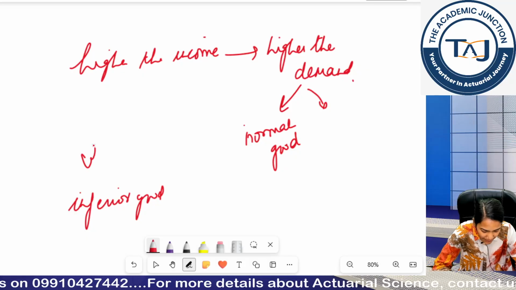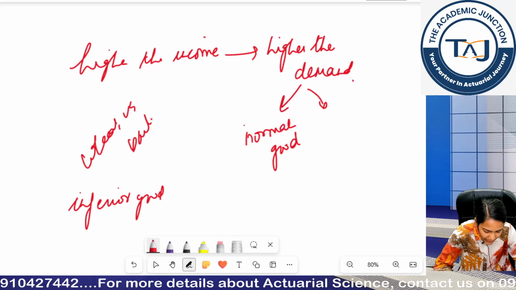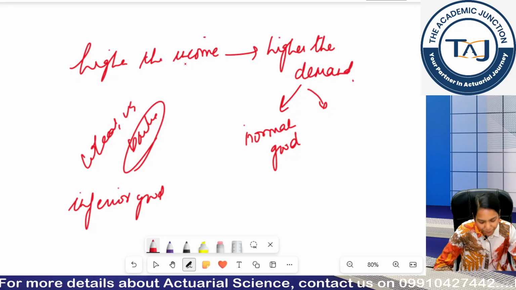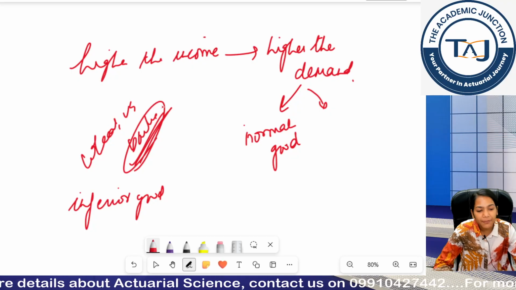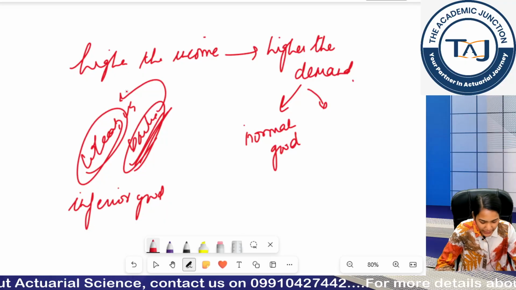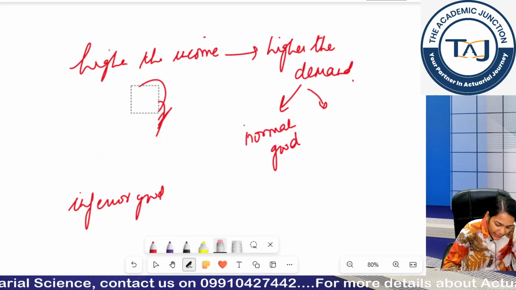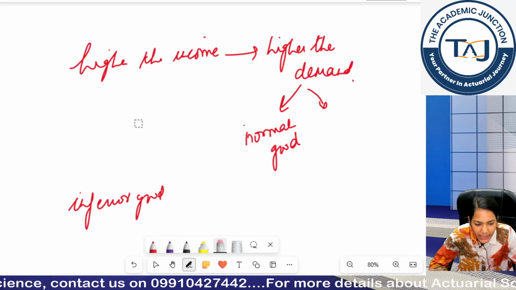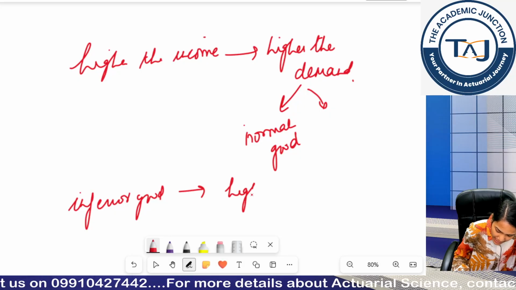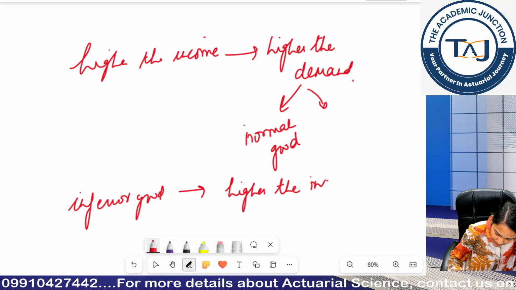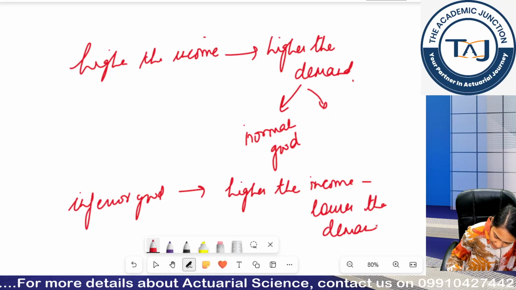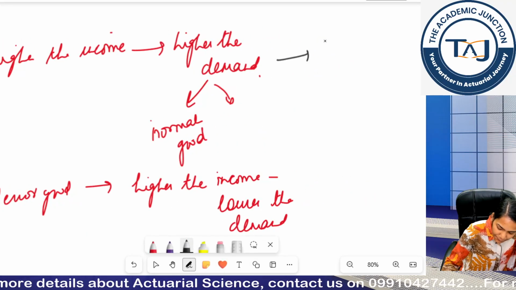For example, if I compare wheat versus barley, barley is comparatively called an inferior good. Previously I could afford barley, but with the increase in income I can now afford wheat, so I will shift from barley to wheat. So even with the increase in my income, the demand for barley is decreasing. So for inferior good, higher the income, lower the demand.